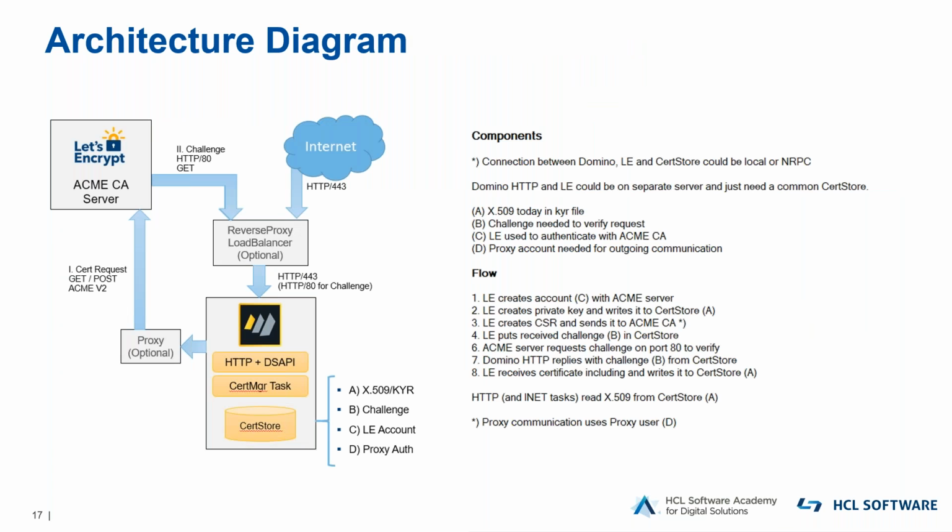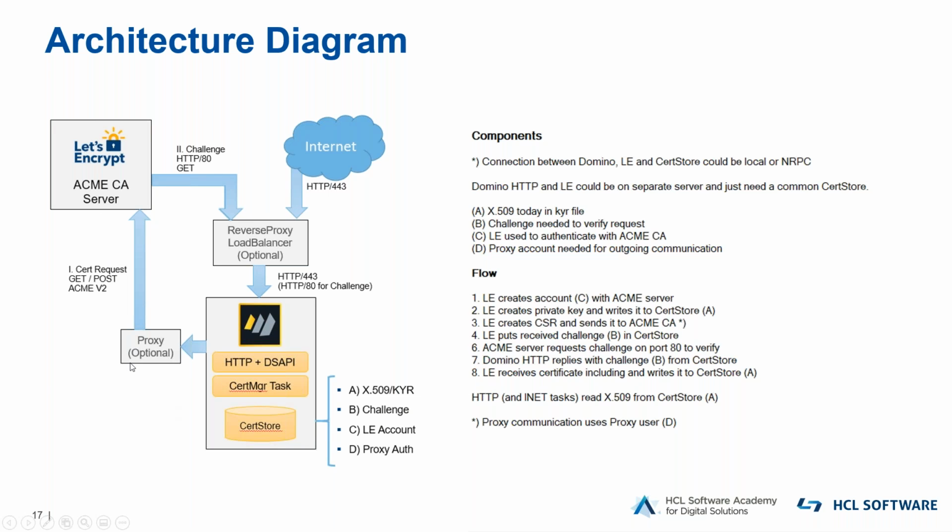So the architecture looks like this. And this is, I think, from the original design specification. You have a couple of components. The first component is the cert store database that I spoke about already. We have the cert manager server task that is working with the cert store and is doing all the operations, and it's talking to Let's Encrypt over port 443.